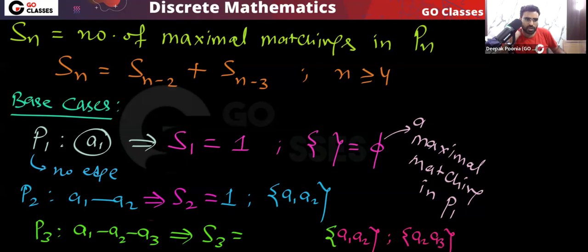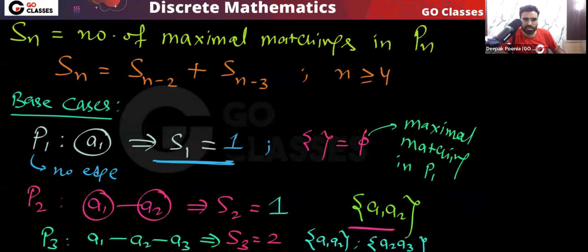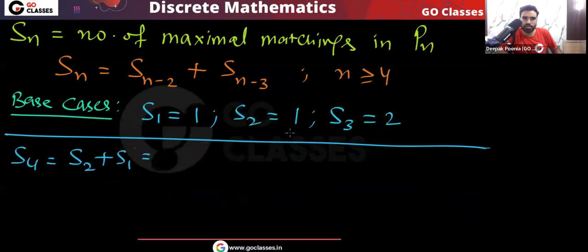So I can say that S3 will be 2. These are the base cases. I hope you understood. So S1 is 1, S2 is 1, and S3 is 2.